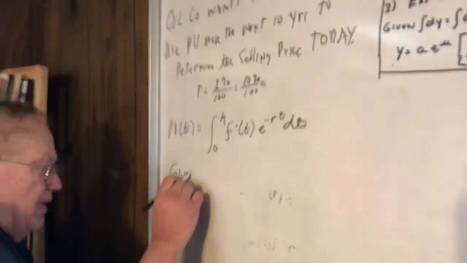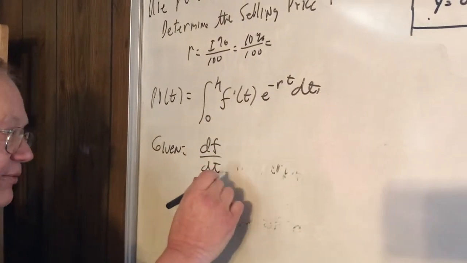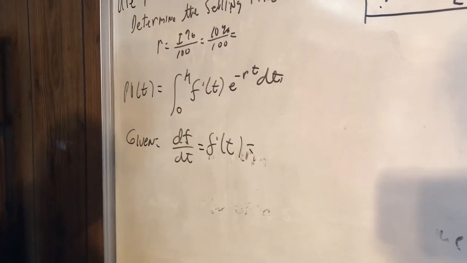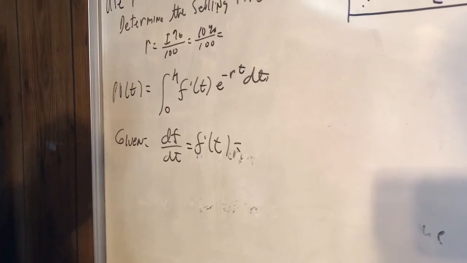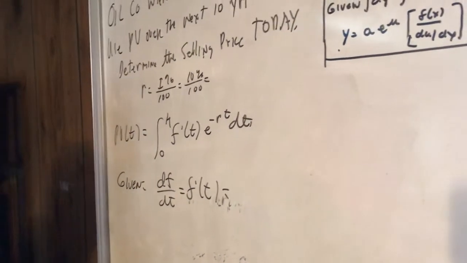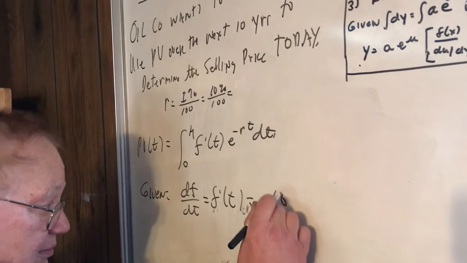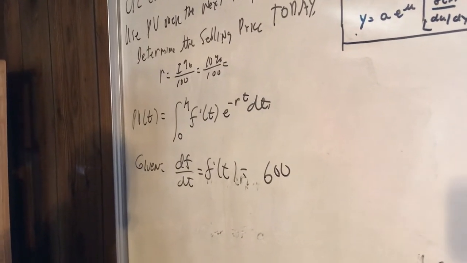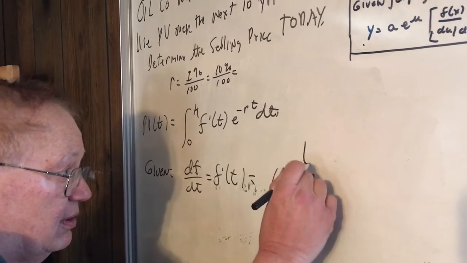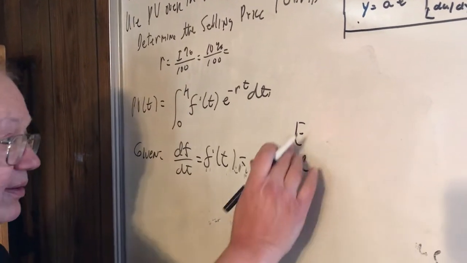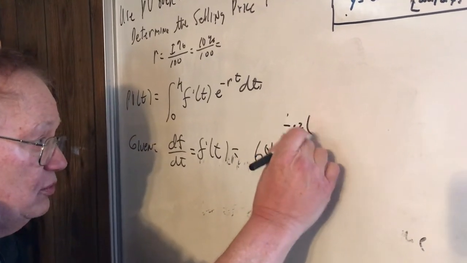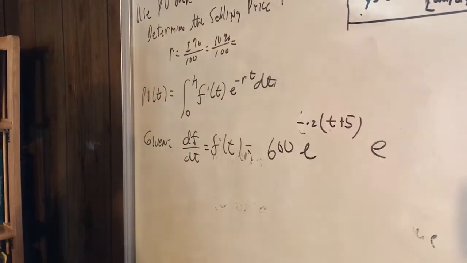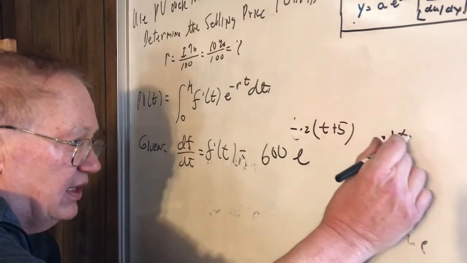I'm given that the flow rate of oil is 600 e to the minus 0.2 t plus 5, times e to the minus r t, which is 0.1 t, dt.